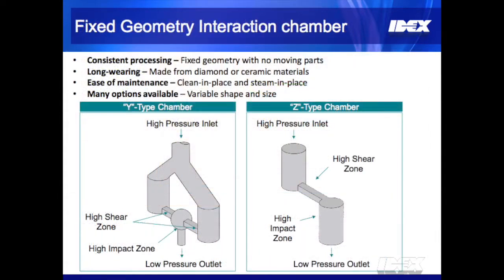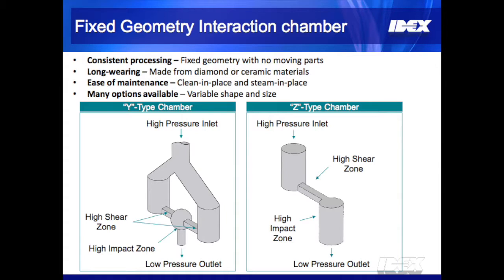rate. This is a quick cartoon of a couple of different types of interaction chambers. The one on the left is the Y-type interaction chamber. This is generally used for emulsions and liposomes and mixing applications. The chamber on the right is the Z-type interaction chamber, typically used for particle size reduction, dispersion, cell disruption, deagglomeration.